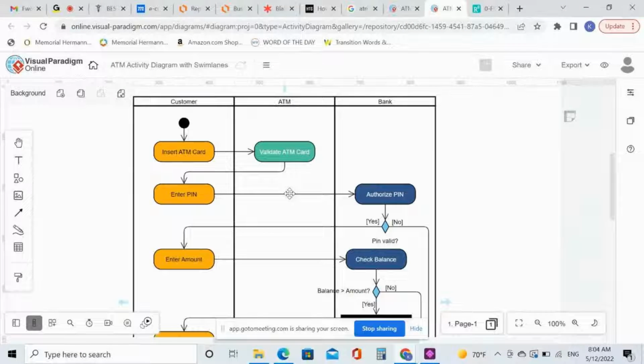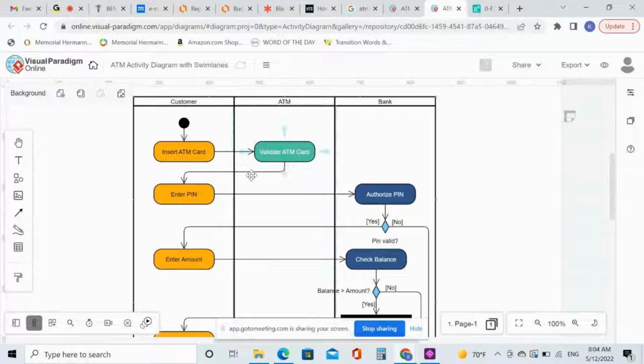can you help me point this out, Krisa, when I tell one step at a time, so people can get that clearly. The customer inserts the card into the ATM machine, so that goes to the ATM machine. That's why there is an arrow mark which points to the ATM machine, right? In the ATM machine, we are validating the ATM card. Is it a right card or a wrong card?